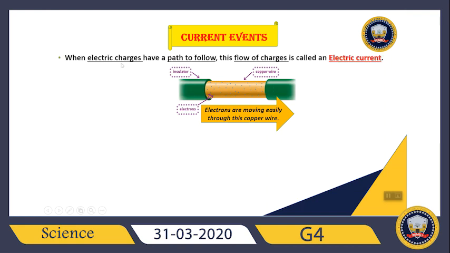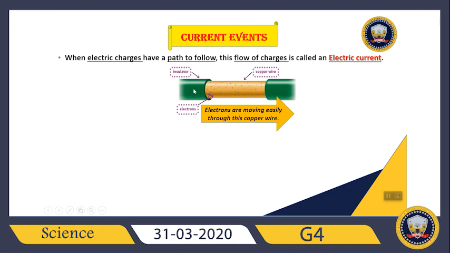When the electric charges have a path to follow, this flow of charges is called electric current. So again, the electric current means the flow of electric charges, or the negative charges, which are the electrons.